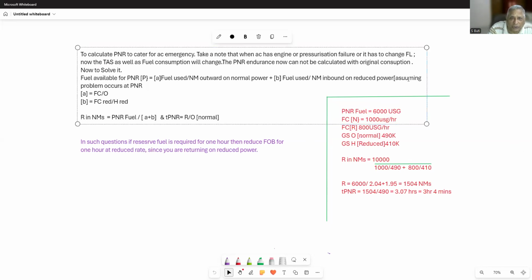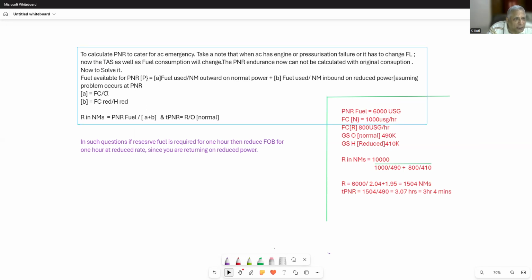And here it should be single U, correct it. Now the question can be solved: R, distance to PNR in nautical miles, will be equal to PNR fuel divided by A plus B.